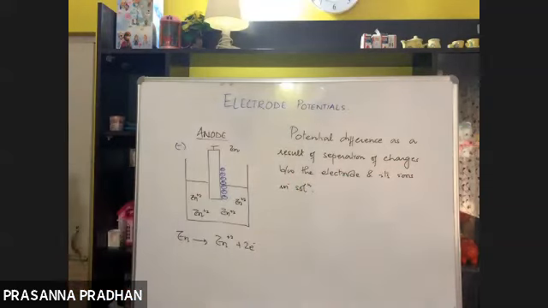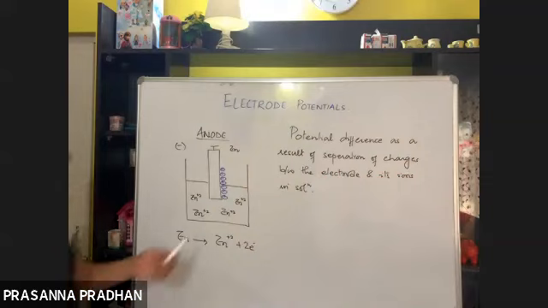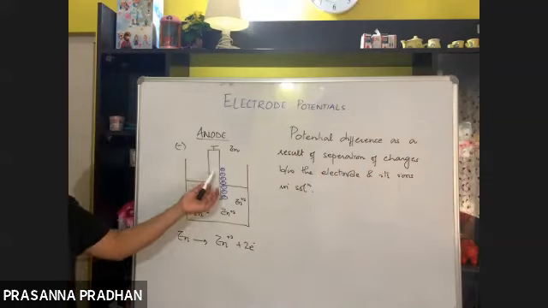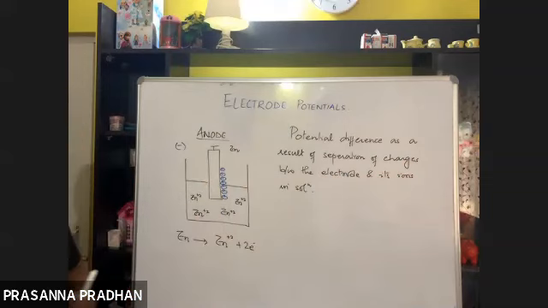So this is the definition of an electrode potential. Electrode potential is defined as the potential difference which is created as a result of separation of charges between the electrode and its ions in solution.